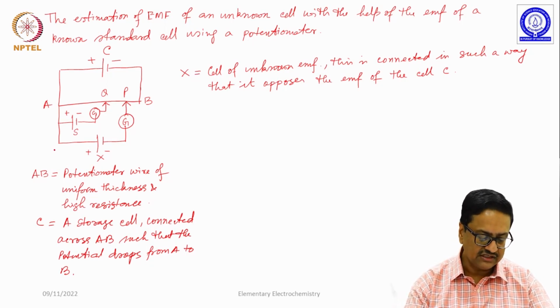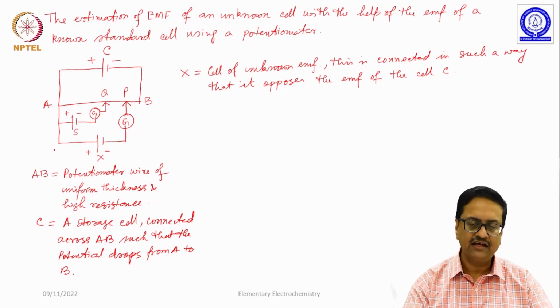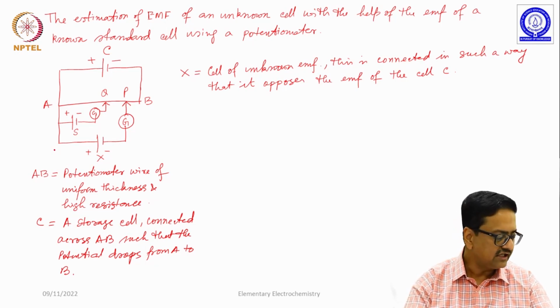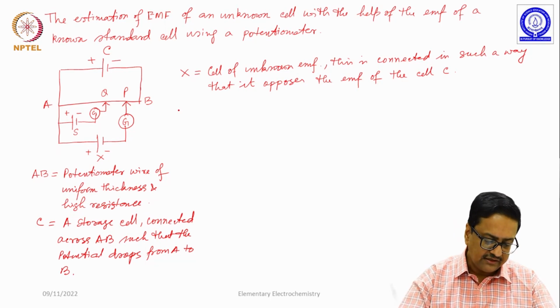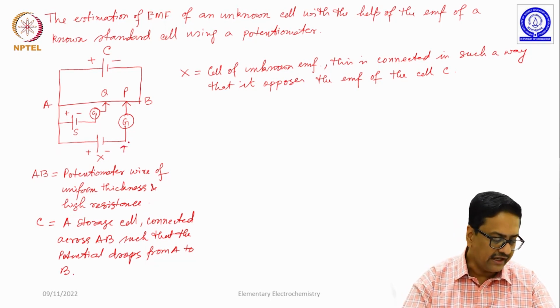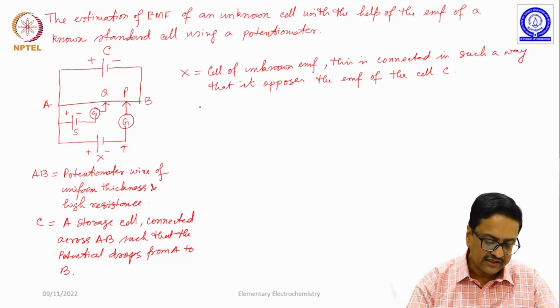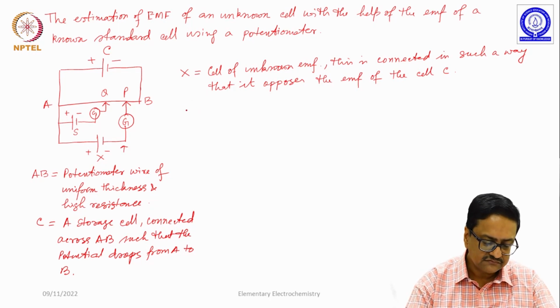So, the potential of X can oppose the potential of C. The other end of X, that is this end, is connected through a galvanometer.